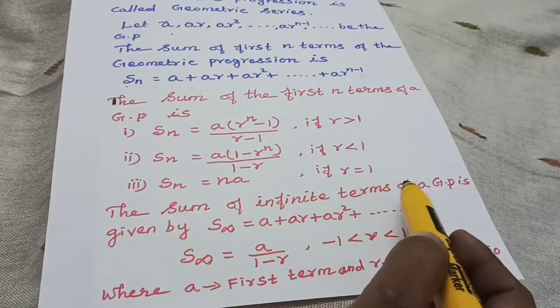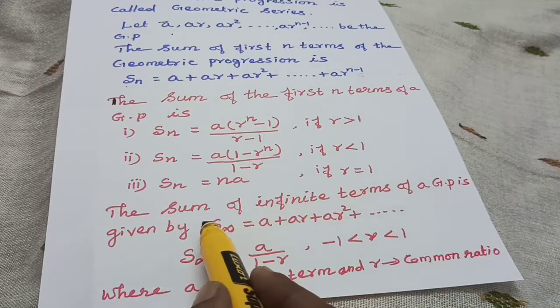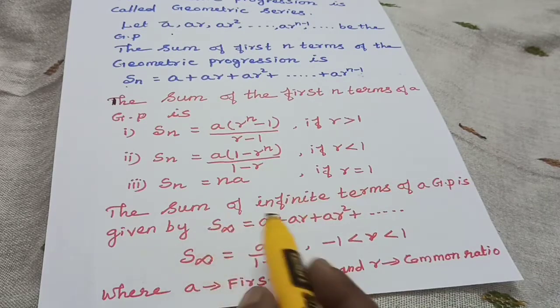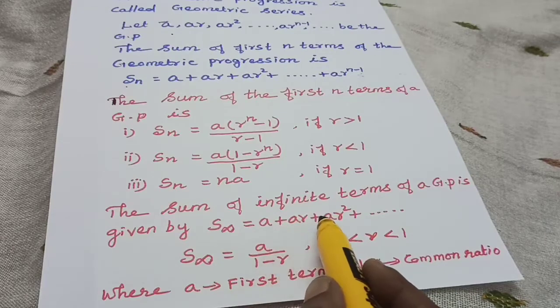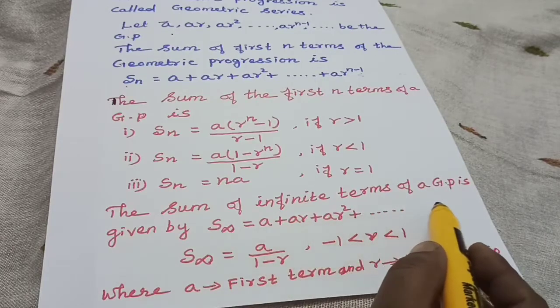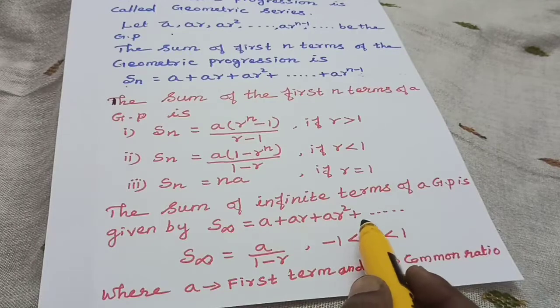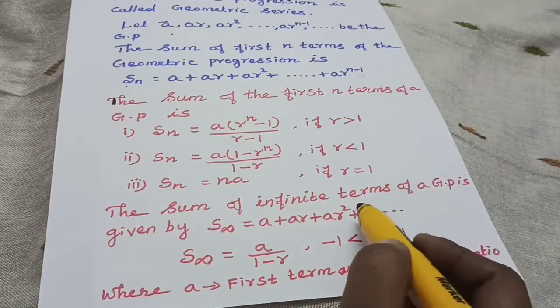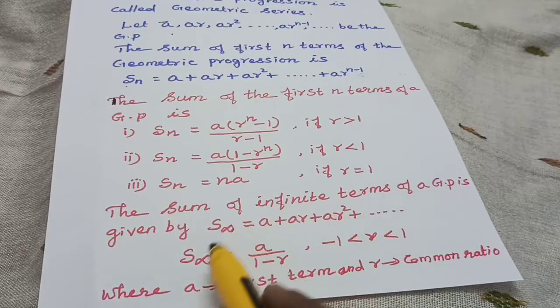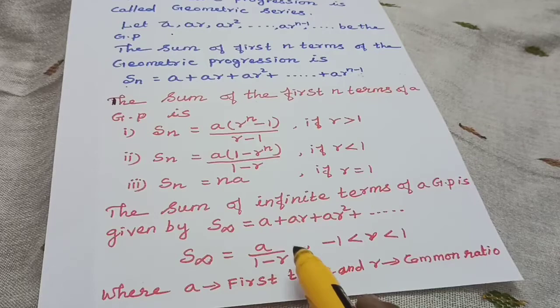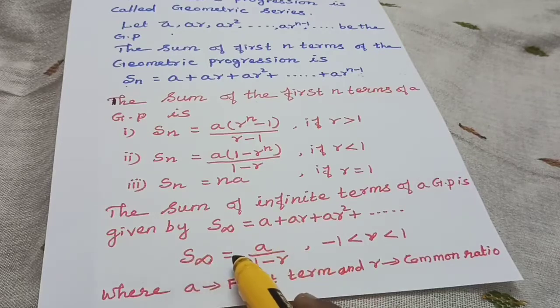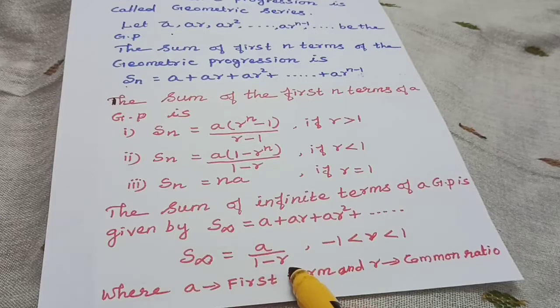S infinity is equal to a plus ar plus ar square plus etc., no end, that is infinite. Then S infinity is equal to, what's the formula? a divided by 1 minus r is the formula.